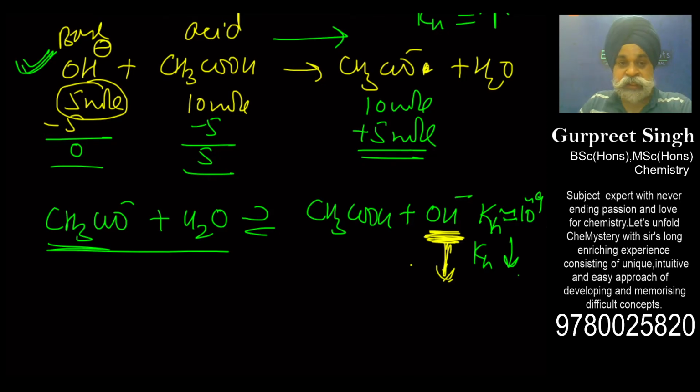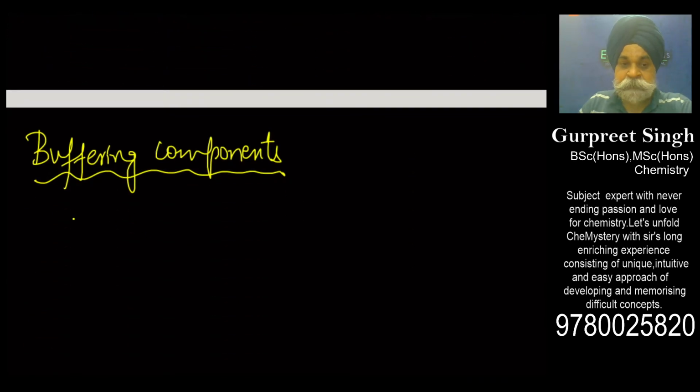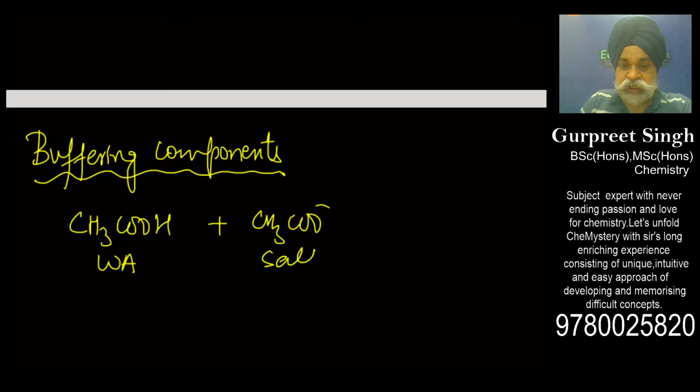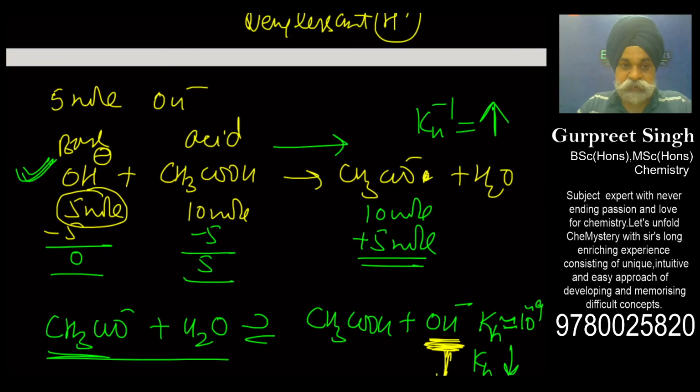Now I think things would be clear. One more thing: what is the buffering component? The buffering component in any buffer is the weak acid along with its salt. These two are required because both are needed in two steps. In one step, the H positive or OH negative is speedily consumed. See here, if you have added OH negative, why does it get speedily consumed?